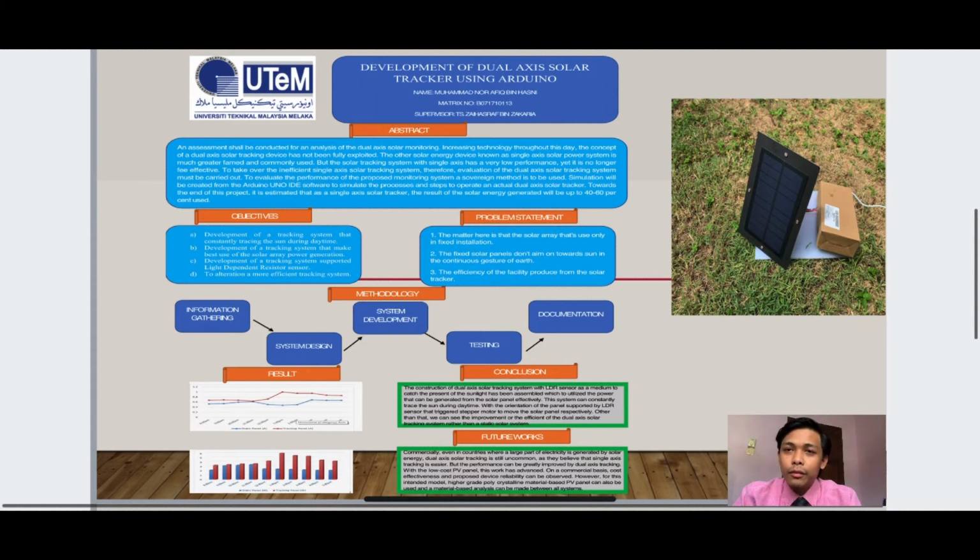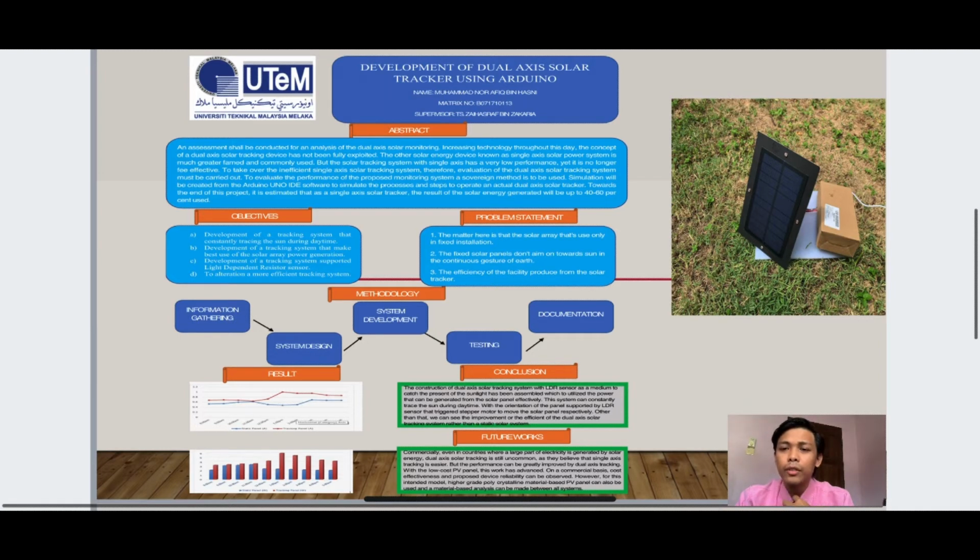For the result, I compare the result from the dual axis solar tracker and the static solar panel that I have. The result shows that the power generated from the dual axis solar tracker is higher than the static solar panel.